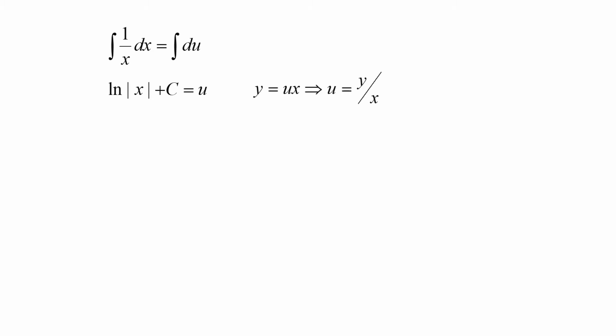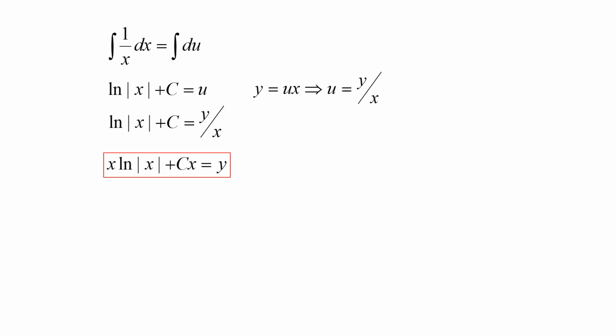If we started with y equals u times x, that means u has to be y over x. So our problem now is the natural log of x plus c equals y over x. And if I want to get y by itself, I'll multiply everything by x, and I get x times the natural log of x plus c times x is equal to y. And so that'll be a solution to this differential equation.